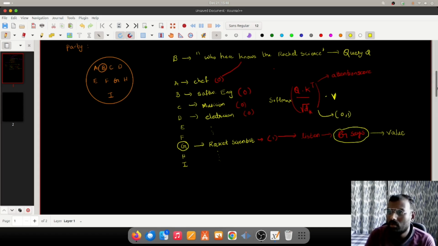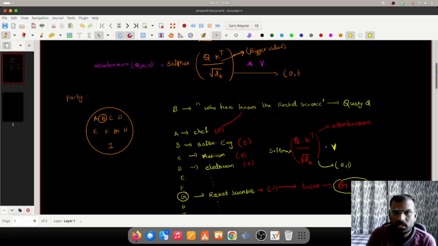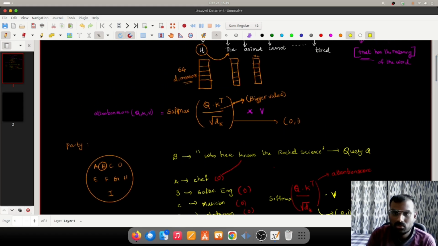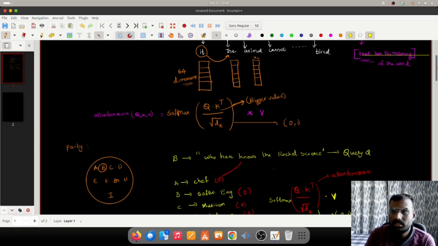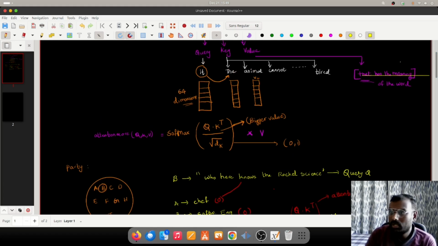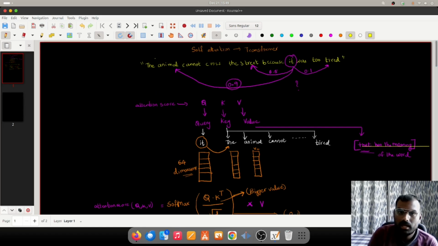So this is how an analogy of a party can be used to explain the attention score for how a word relates to another word. Coming to our example sentence: the animal cannot cross the street because it was too tired. The transformer architecture has encoder and decoder models.